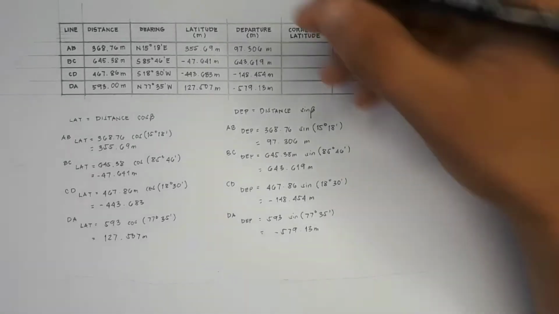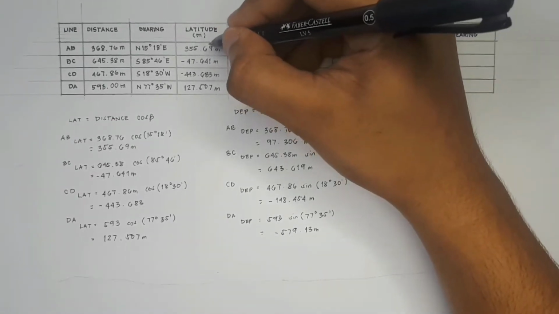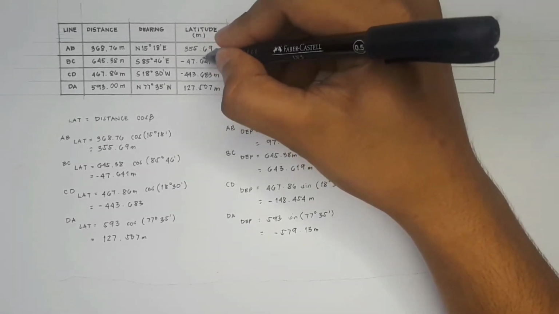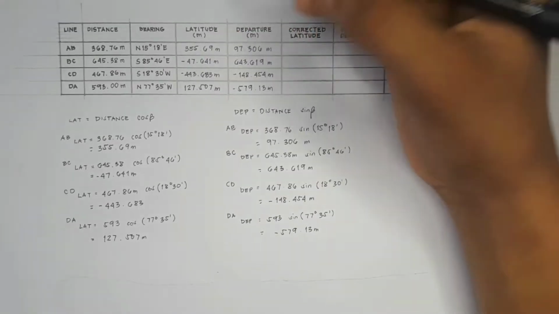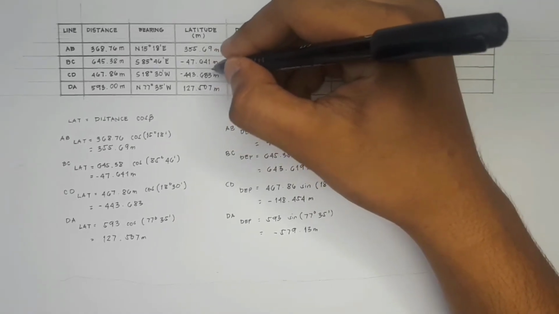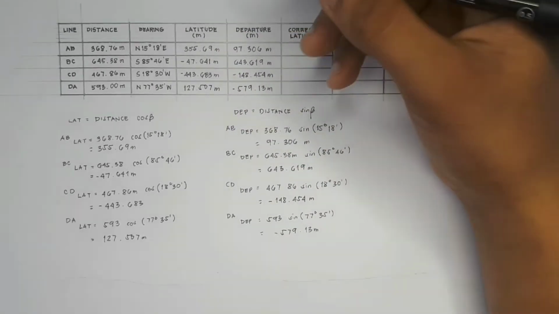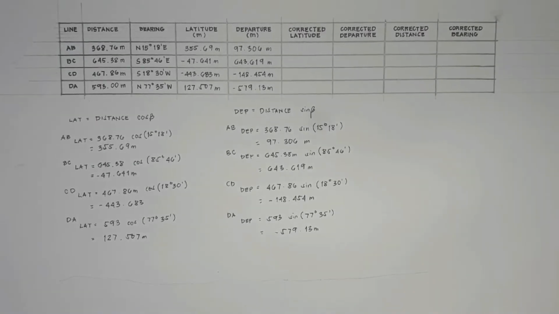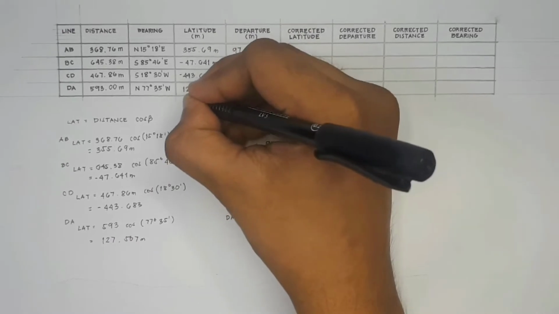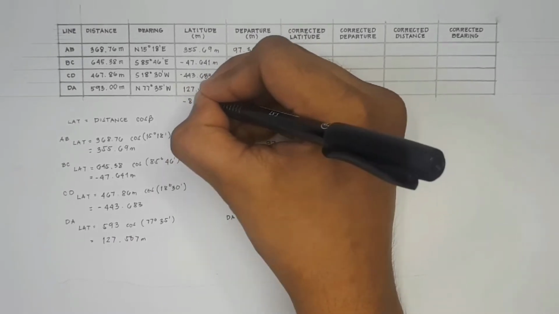So we have 355.69 meters plus negative 47.641 meters plus negative 443.683 meters plus 127.507 meters, and this will give us negative 8.127 meters.